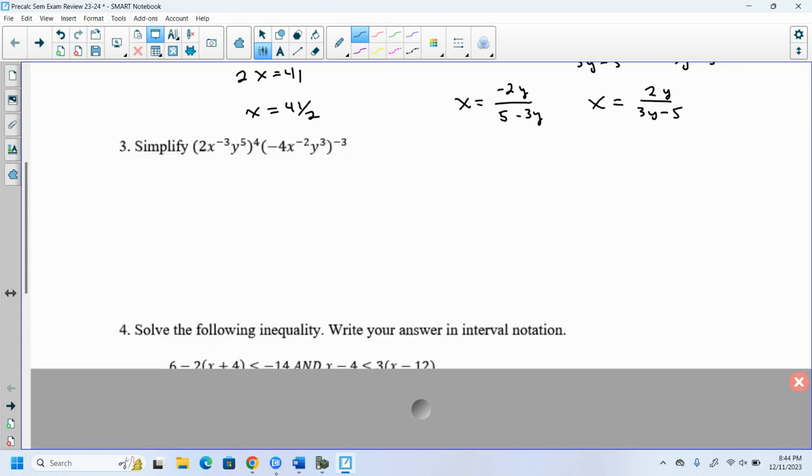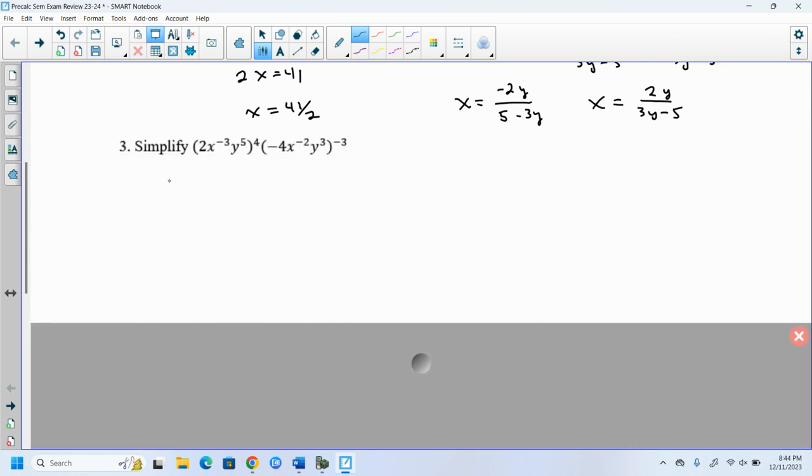All right, third one with exponents. I get 2x to the -3rd, y to the 5th, all to the 4th power, and I'm going to go ahead and make this -4x to the -2nd, y cubed, all to the positive 3rd power. So I'm just going to take that negative and move that all the way down.